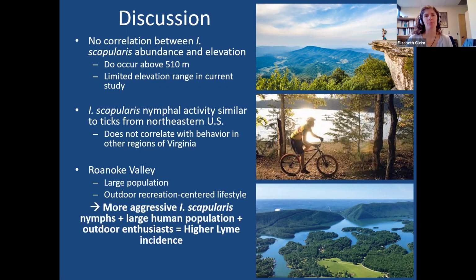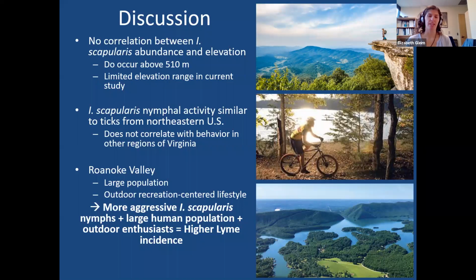The other piece that was really fascinating for us is that, yes, Ixodes scapularis nymphs do seem to be exhibiting behavioral traits that are more closely associated with the ticks that we see further in the northeastern United States. And that does not seem to correlate with the behavior that other tick ecologists have observed further east in the state.